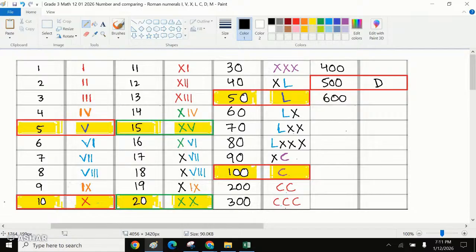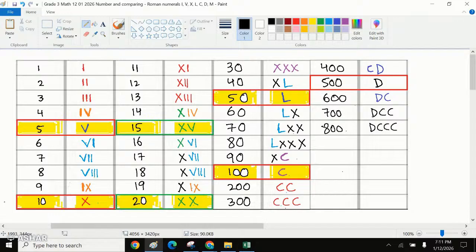So if I write D, that is 500, and C, that was 100, CD means 100 less than 500, and 600 would be DC. 700 would be DCC. 800 would be D and 3 C's.